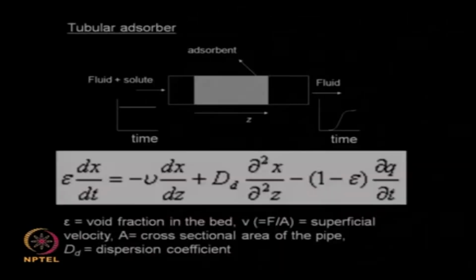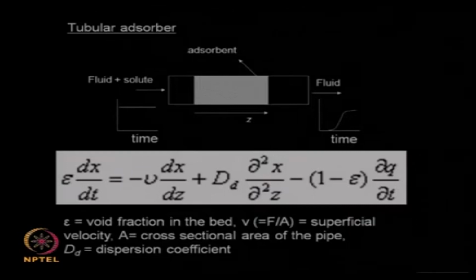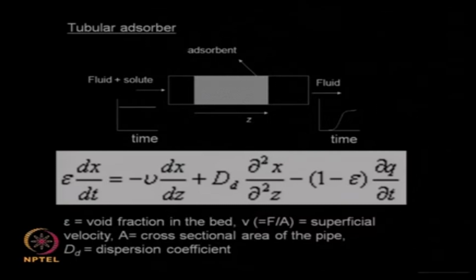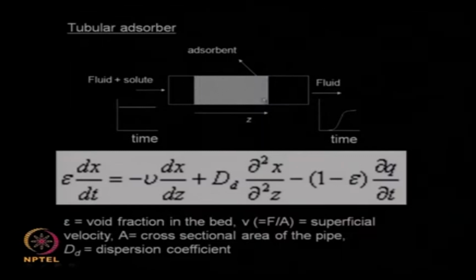Okay. Now we looked at a batch process, then we looked at a stirred tank continuous process. Let us look at a tubular continuous process. That means you have a long tube and the adsorbent, the solid, is packed inside the tube, and the fluid with the solute flows in.